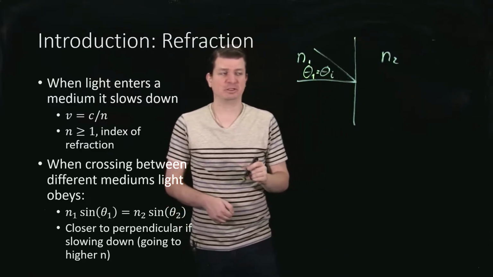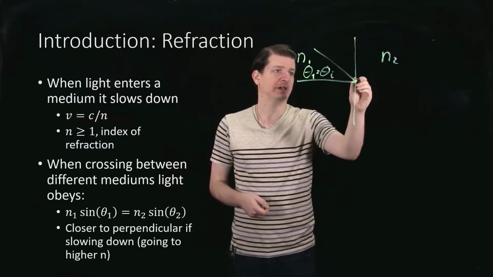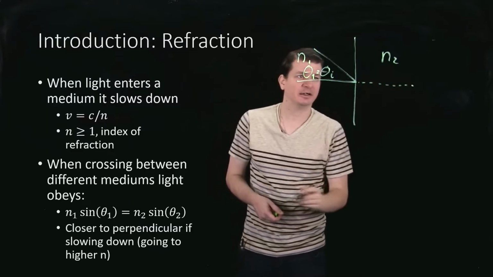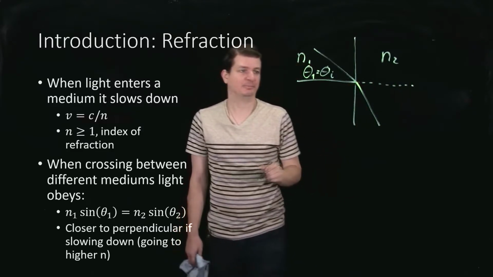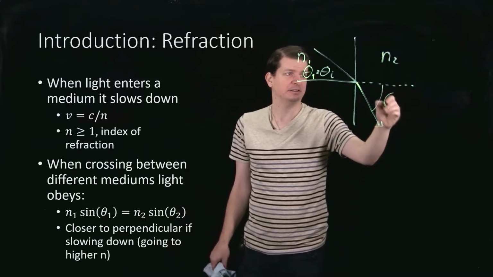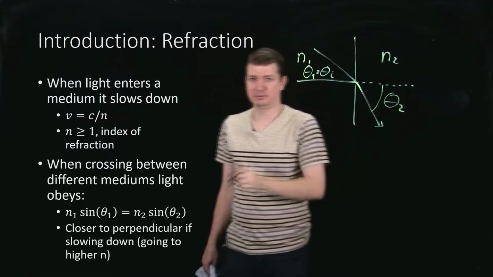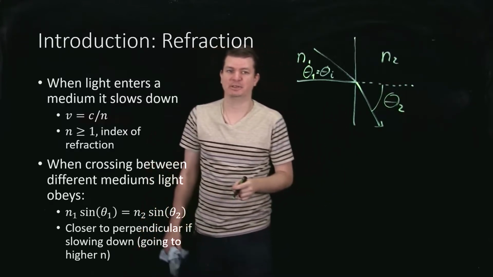What's going to happen is it's going to bend either towards or away from the normal on the other side. So maybe I will come out like that, say. Exactly what angle I get in this second medium, I'll call theta 2. That is what we were thinking of earlier as our outgoing angle.